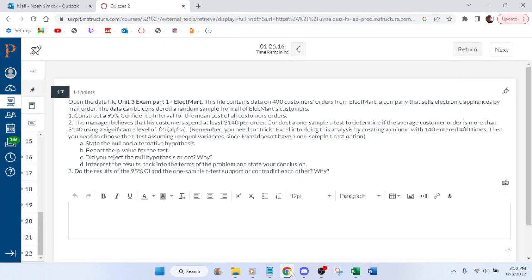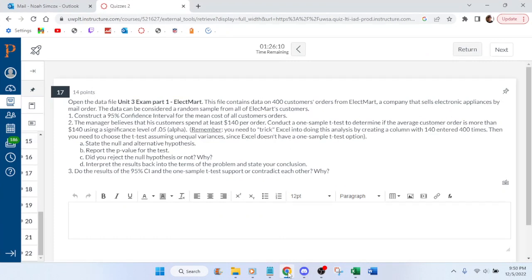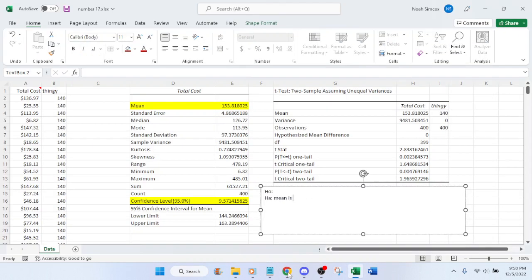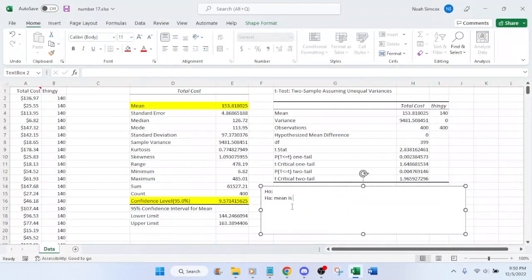So the alternative is mean is more than 140.